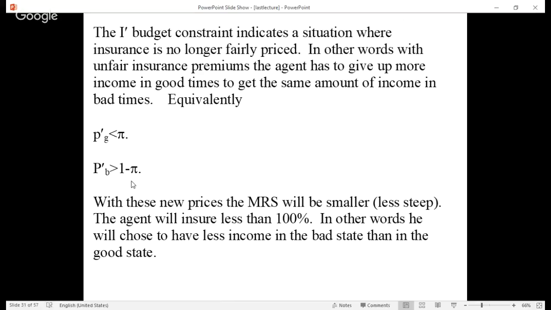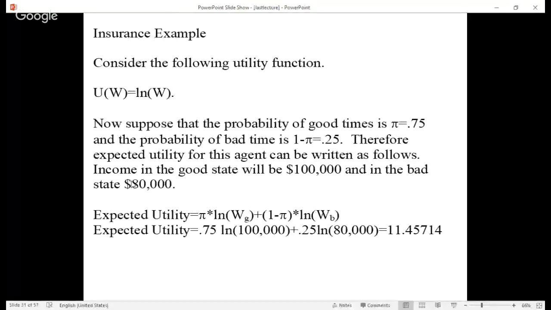Okay, so now let's go through some examples. Suppose I have a consumer whose utility function is simply the natural log of his wealth. Suppose that the probability of good times is 0.75, the probability of bad times is 0.25.